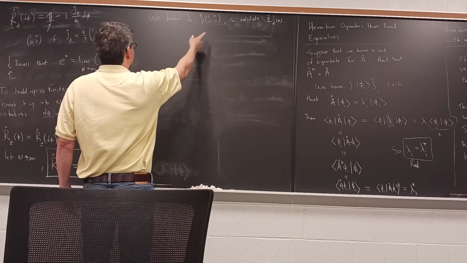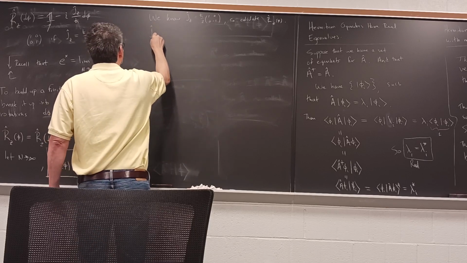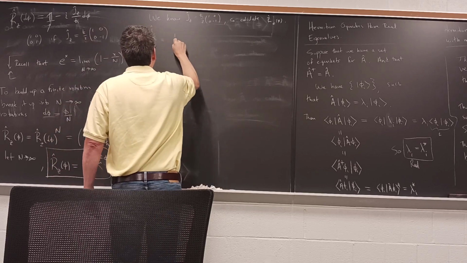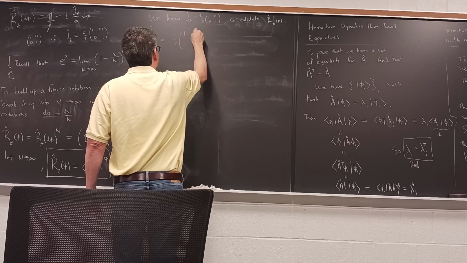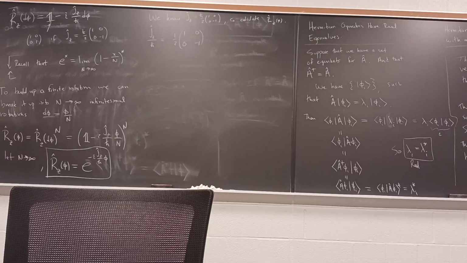Let's see what we have here. In the exponent, we have J hat Z over H bar. So if I take out the H bar, I just have a half, 1, 0, 0, minus 1.